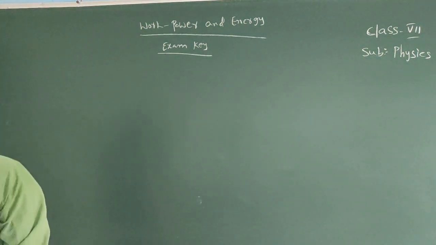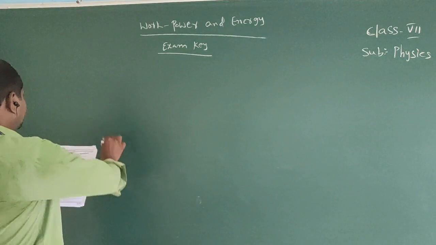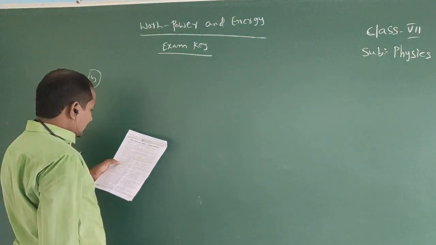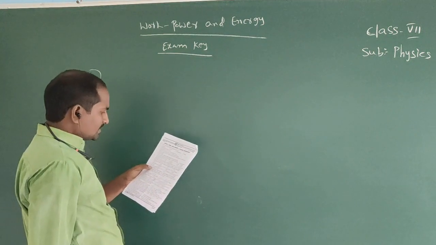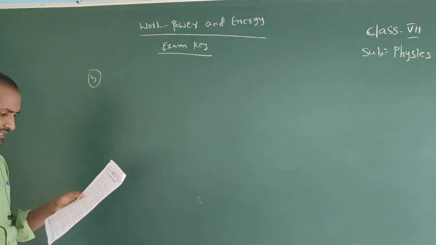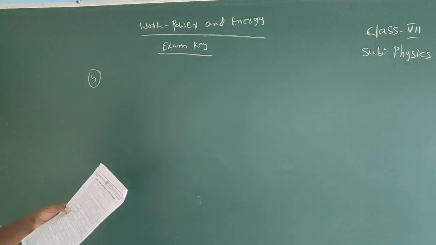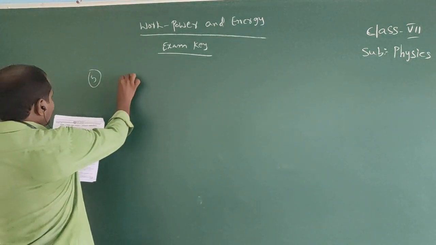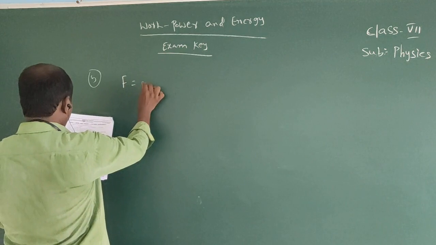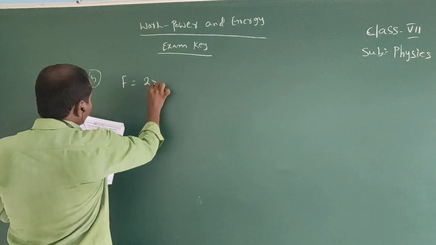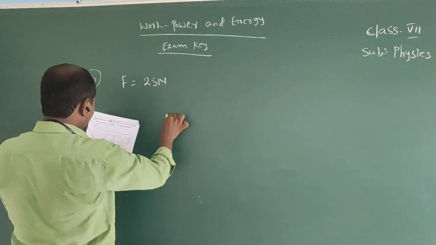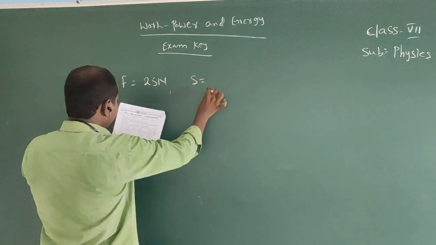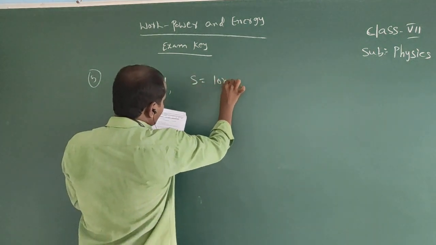Next, the fifth one: calculate the amount of work done when a force of 25 newtons displaces a body through 10 meters. Okay, same model. Force is given, equal to 25 newtons, and displacement S is given, equal to 10 meters.